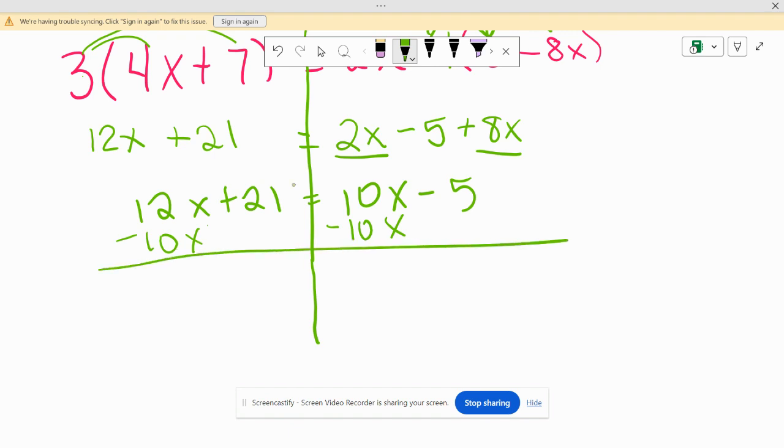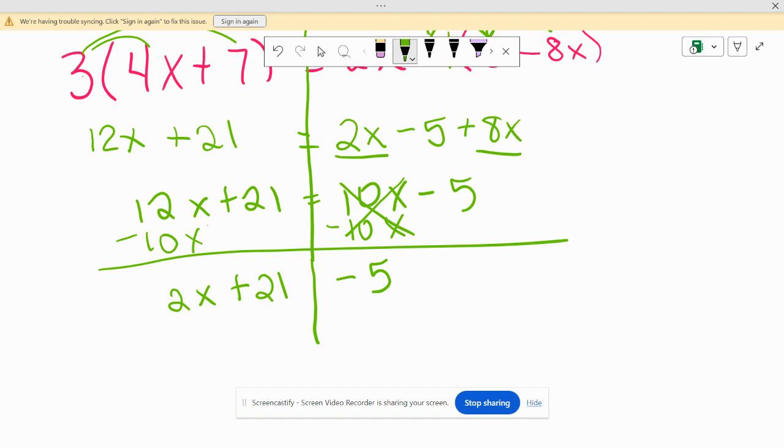So over here, 10x minus 10x is 0. So that is eliminated, and all I have left is the negative 5. On this side over here, I have 12x minus 10x, which is 2x plus 21.